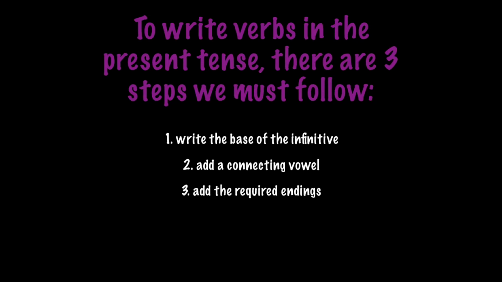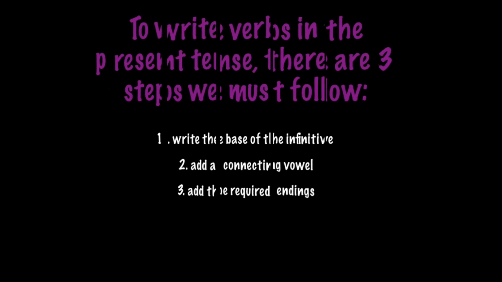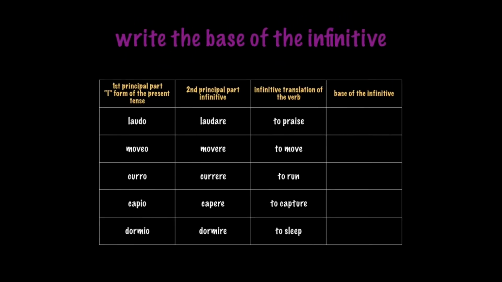Now let's take out our vocabulary list so we can compare it to the one here on the screen and learn where to find the infinitive. Every time you look at a vocabulary list, you are going to see 2 forms of a verb. These forms are called principal parts. The first principal part is the I form of the present tense.